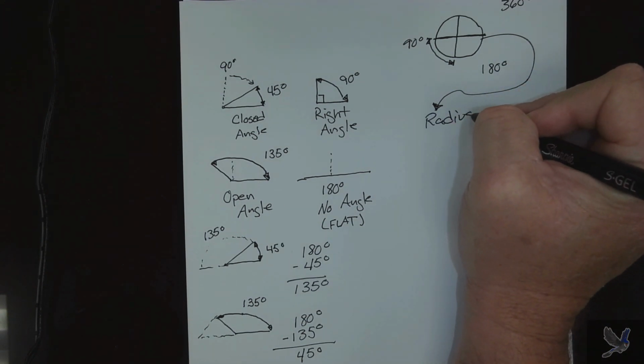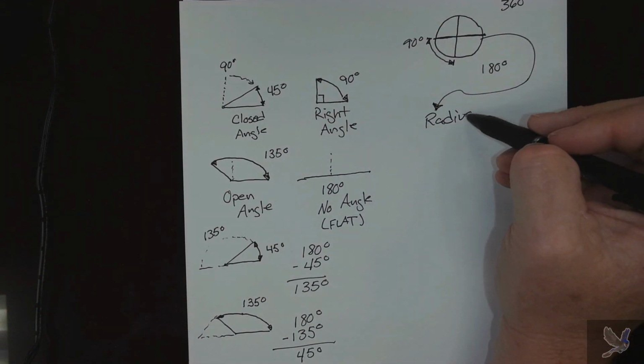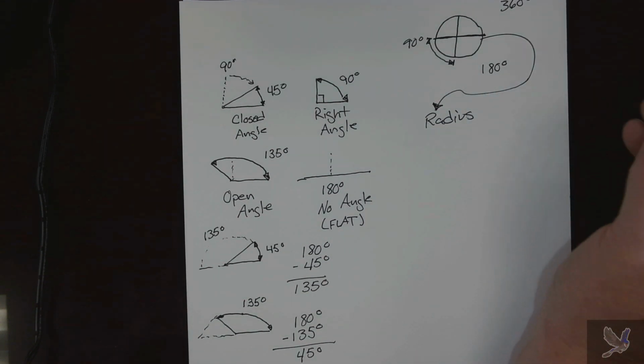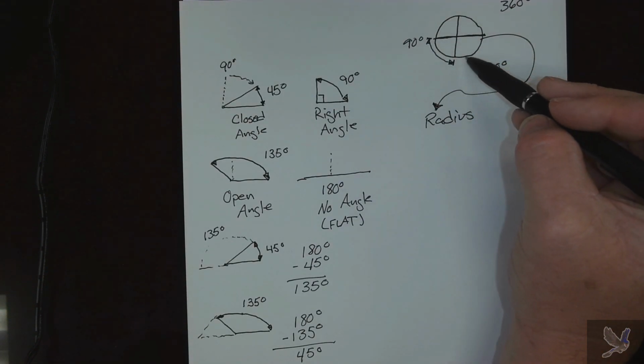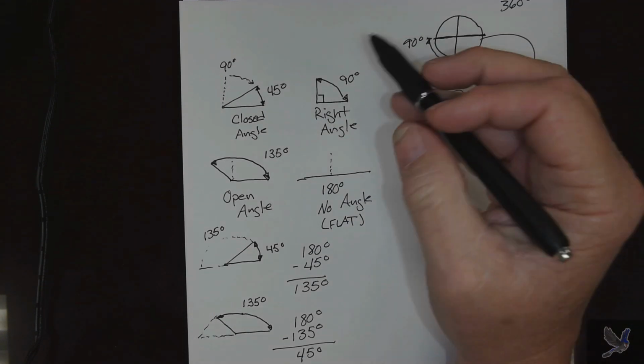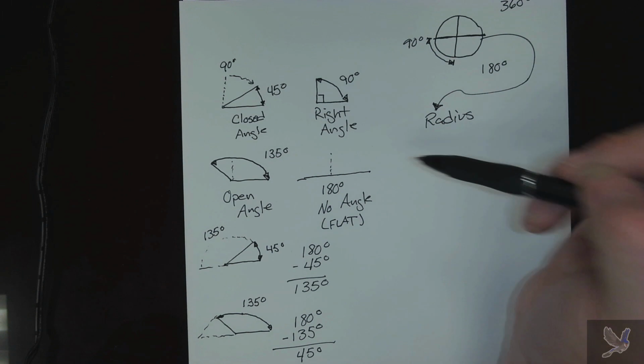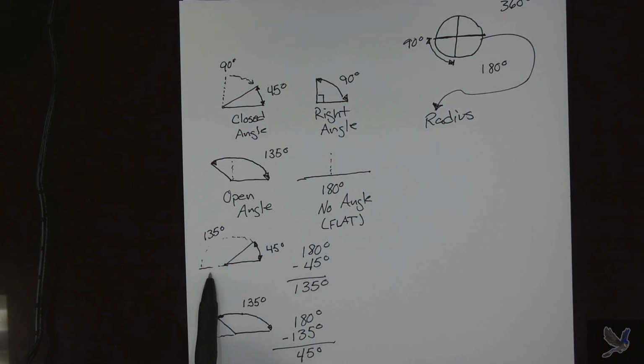We're going to discuss it later in more detail. But the size of the circle sets the radius of the bend. The number of degrees will determine our bend angle. We have open angles, closed angles, right angles, and then flat.